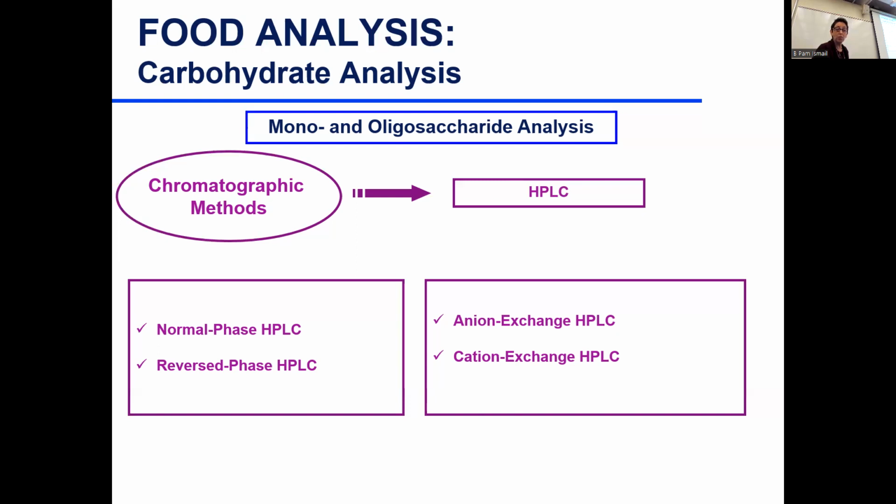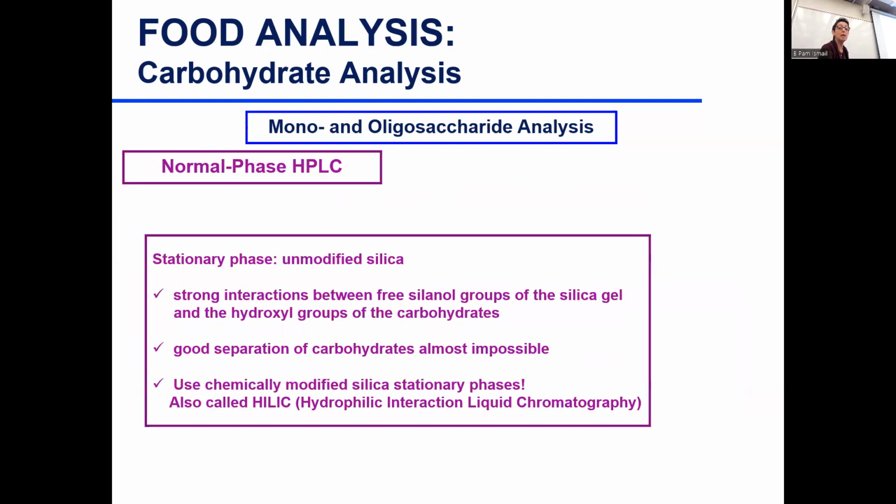Now, with remembering these, let's look closely at normal phase HPLC for separation of mono-, di-, and oligosaccharides. The stationary phase can be unmodified silica. Basically, the silanol groups of silica can interact very strongly with the hydroxyl groups of carbohydrates based on polar interactions.